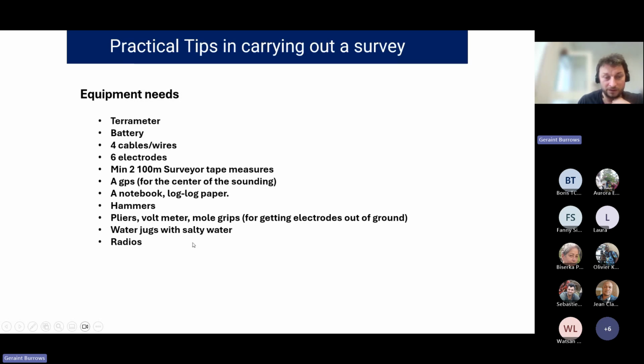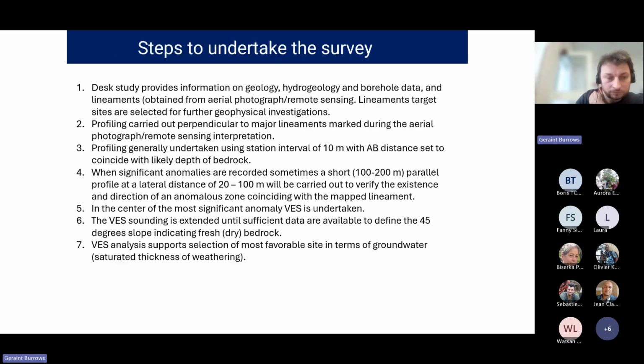Water is very useful to support the connection of the electrodes to the ground, and salty water is even better at improving connection. And radios, because often you're 100 meters away from each other as you're carrying out a survey, so having a radio system makes life a lot easier. Other contractors use whistles and things like that to communicate.